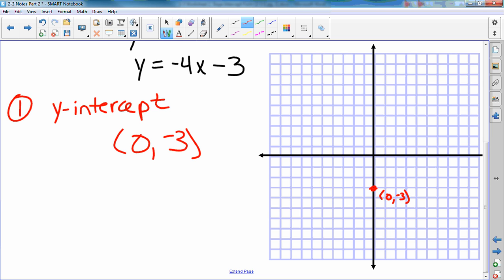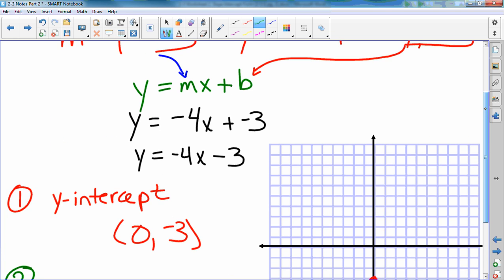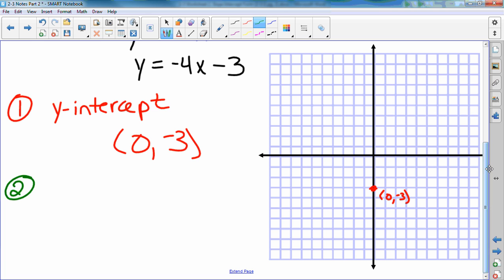So I start down here. Now, step 2. Somebody besides Eric, give me the next step. Cameron? Then you go down, you said you'd put -4/1. So basically you're going to use the slope. You say the slope is -4.